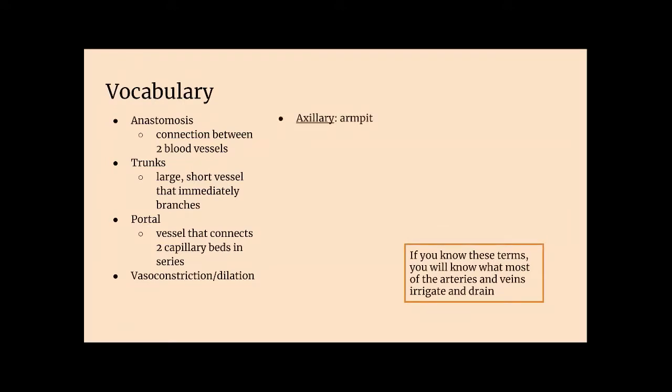Okay, so axillary is your armpit. Clavicular is close to the clavicle. You learned that bone in 201. Radial, try to think of it as the thumb side or the lateral side. Ulnar is the pinky side. Palmar means palm. The mesenteric is intestinal.